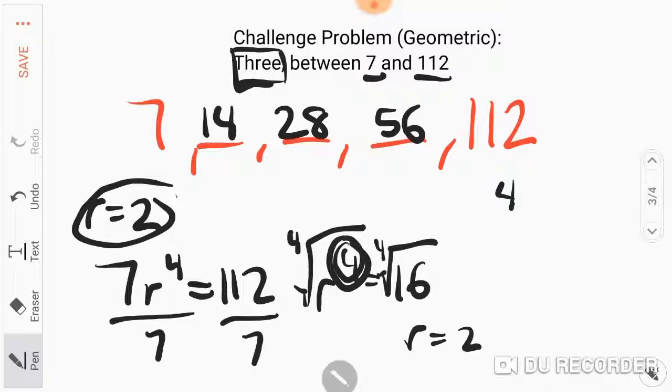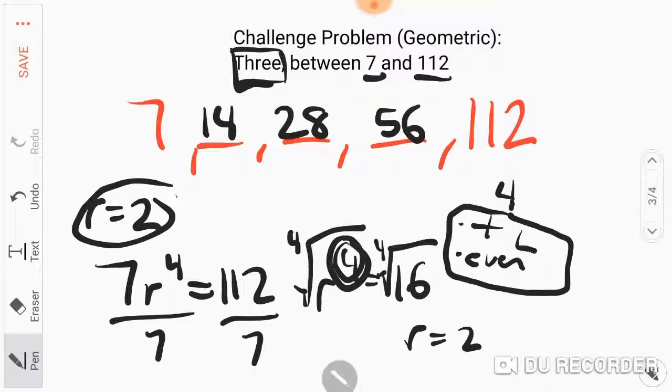Our exponent is 4. Now this 4 is both positive, whoopsies, let's get that pen. So it's both positive and it's even. So like a little checklist right here.